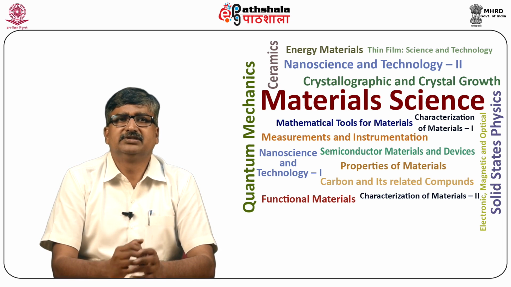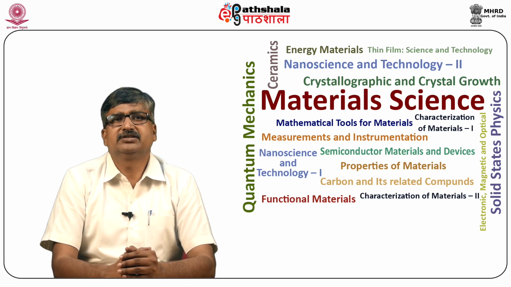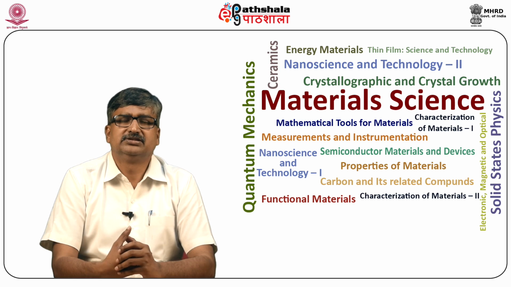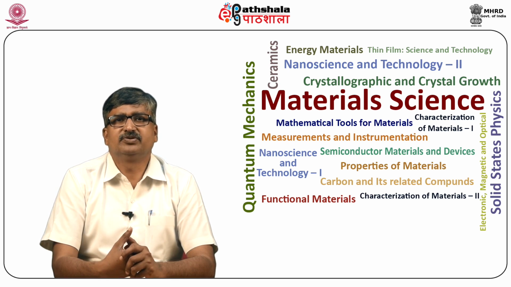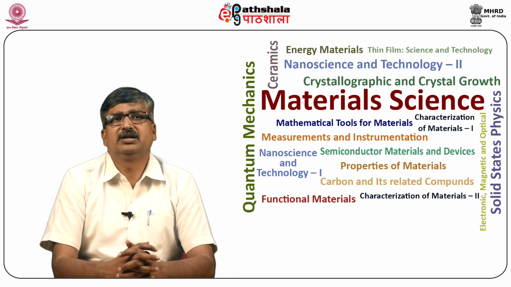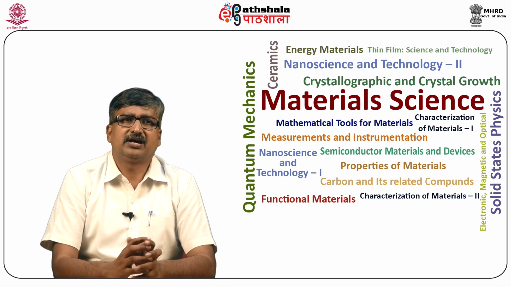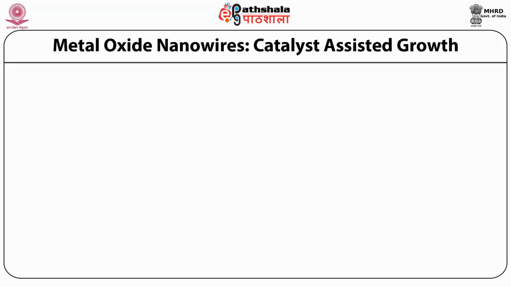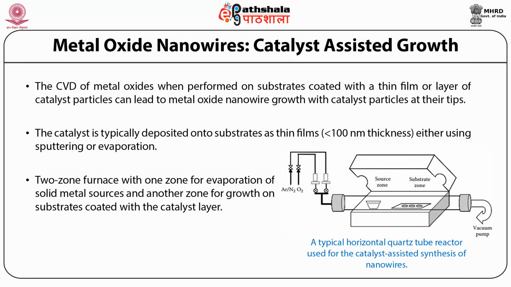The second one, direct oxidation of large molten metal droplets. The third one, direct chemical vapor transport or chemical vapor deposition. And the fourth one, thermal plasma oxidation of metal foils. Here I want to discuss metal oxide nanowire.